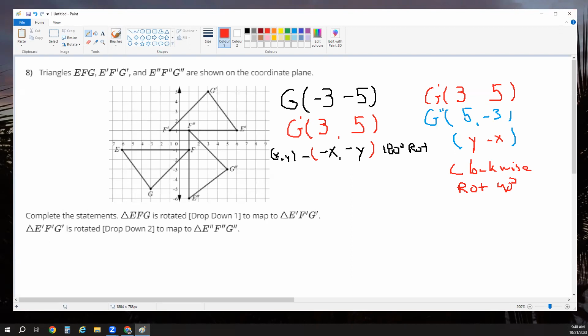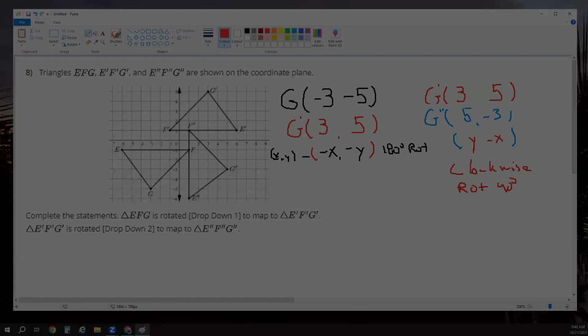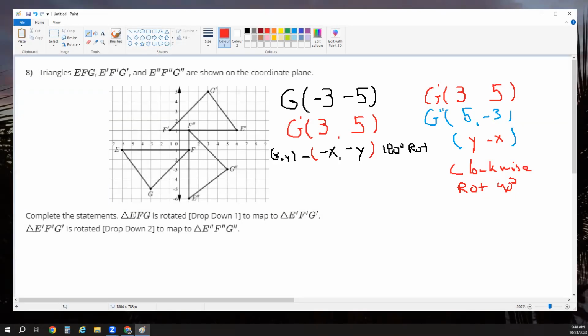Oh wait, that wasn't an option. Whatever will I do? I had 90-degree counterclockwise, 180-degree clockwise, and 270 counterclockwise. Well, remember, a 90-degree clockwise rotation is the same as 270 counterclockwise.